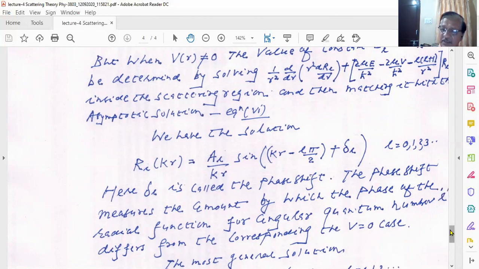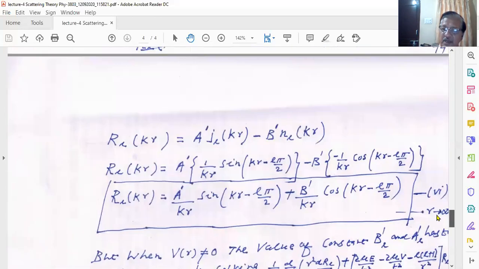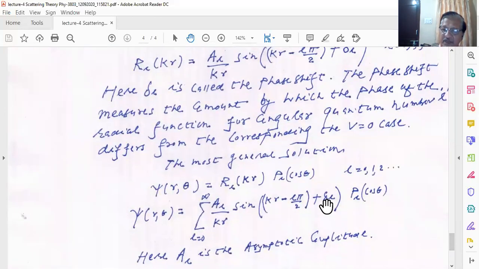So basically, the only thing is that there is a phase difference you observe here, and that is why there is a phase shift. We want to understand why this phase shift occurs, and what the physics of this phase shift is, which we will discuss in the next lecture.